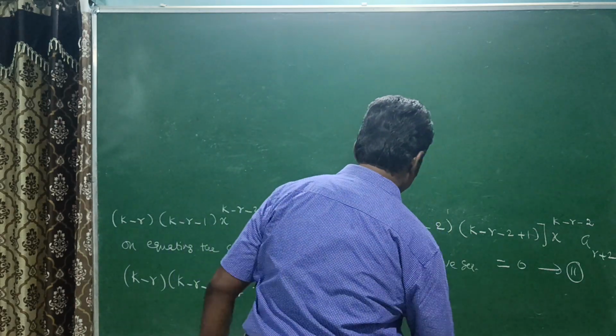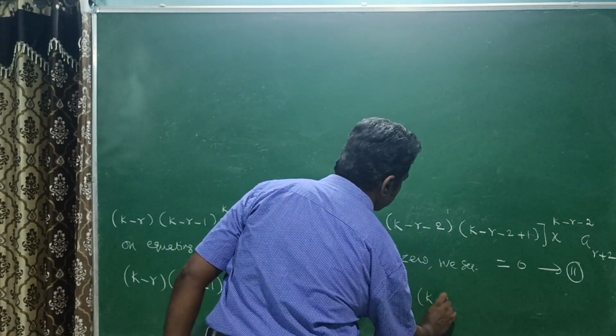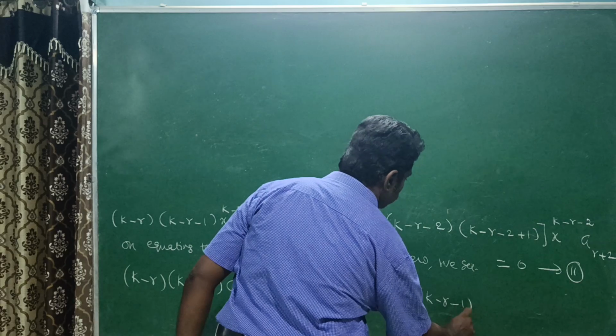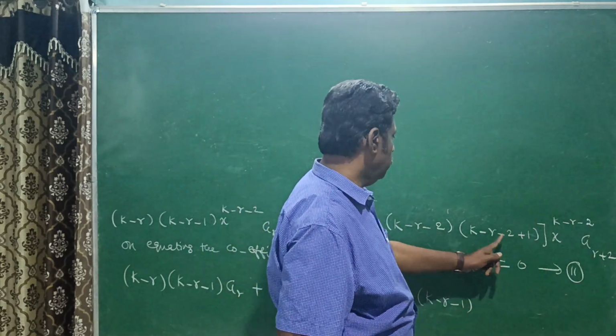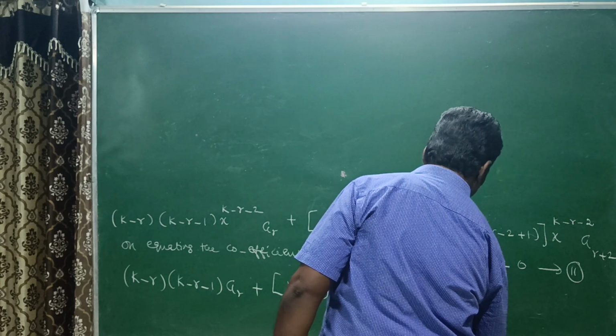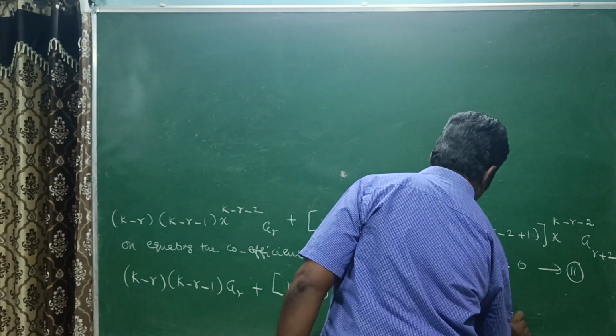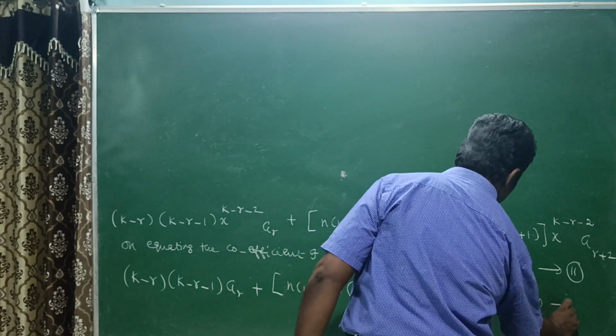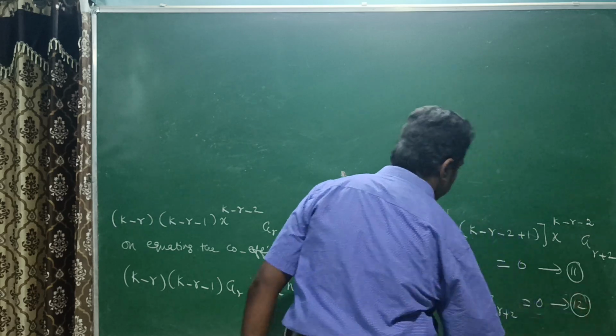This term is modified as k minus r minus 1 because minus 2 plus 1 is minus 1. This is multiplied by a r plus 2 equal to 0. This is equation number 12.